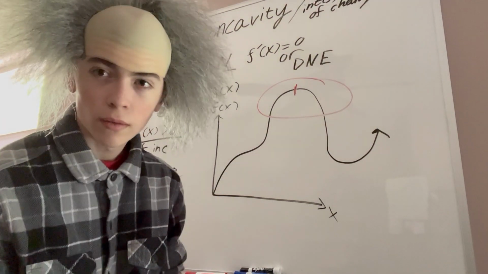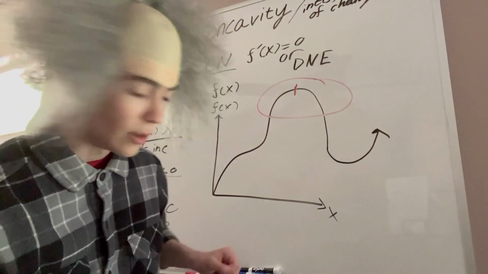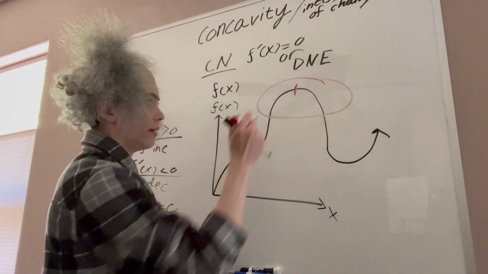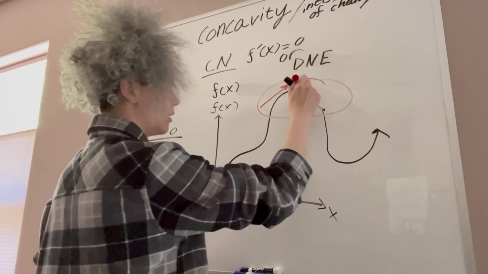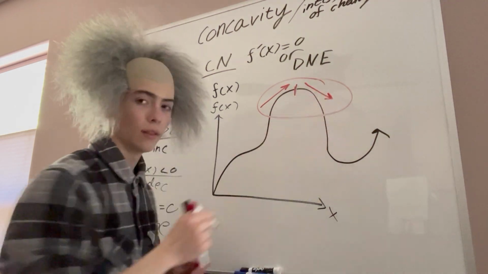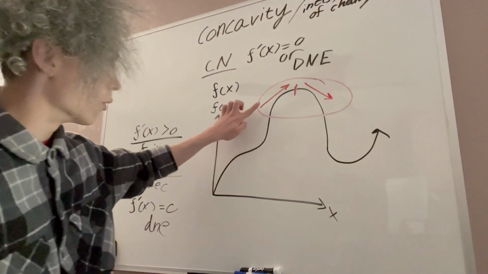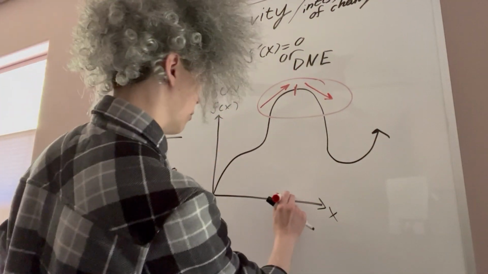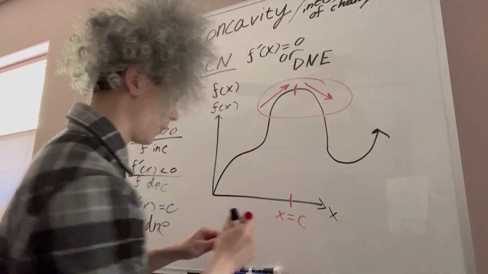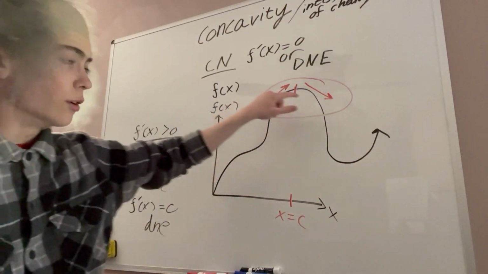Now, what I can infer from this graph is that here, f prime of x is greater than 0, and on this side of it, it's less than 0, right? The slope goes from positive to negative. As you can see, our function is increasing, and then I'll label this at x equals c here, right? And then it goes to decreasing.